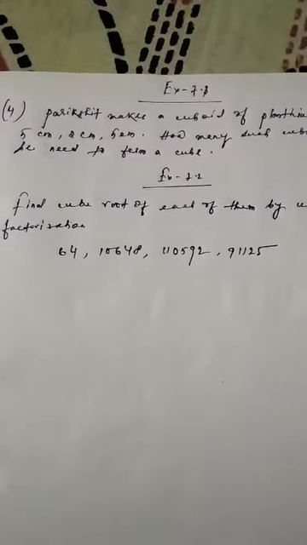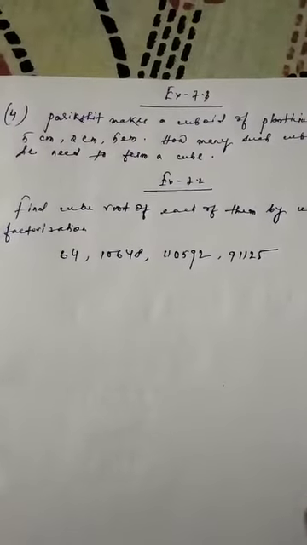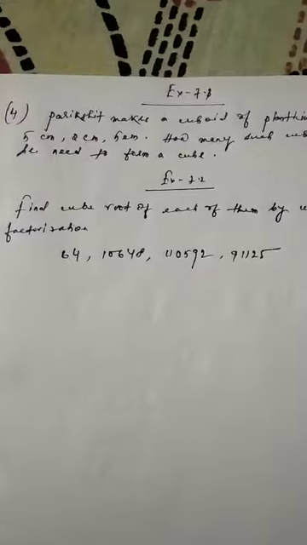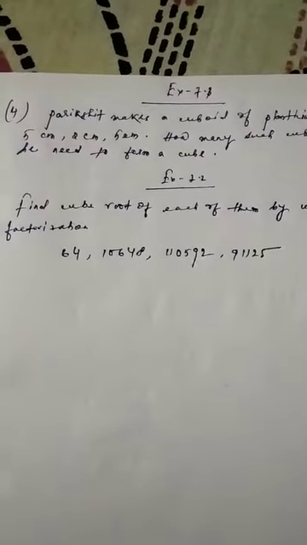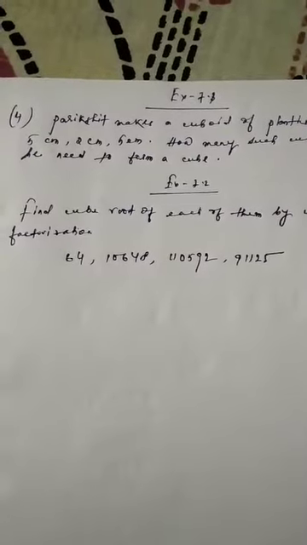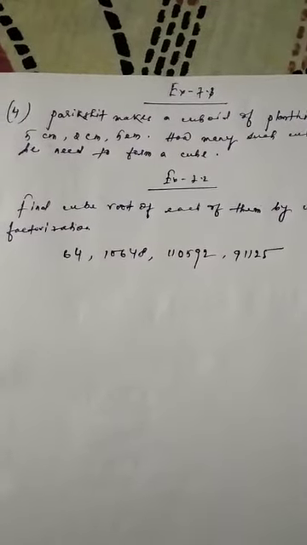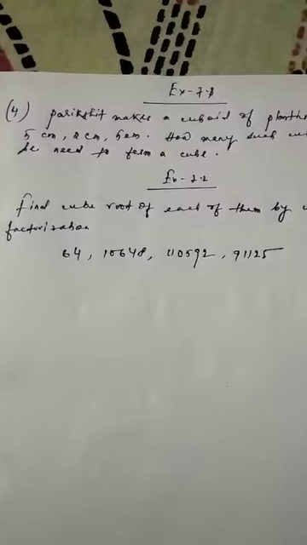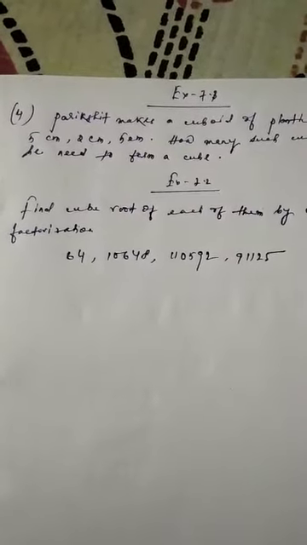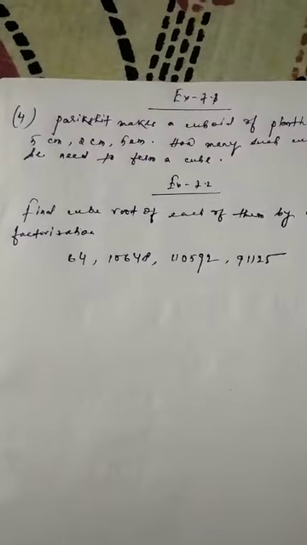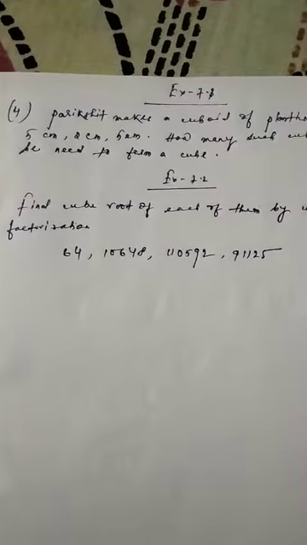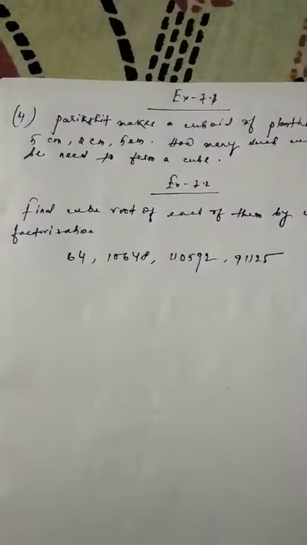You want to make a block of cube using cuboids. How many cuboids or matchboxes will be needed? That is what this question is all about. The cuboids you have measure 5 centimeter, 2 centimeter and 5 centimeter, all of the same size and shape, and you want to build a cube using those cuboids. How many cuboids will you need?